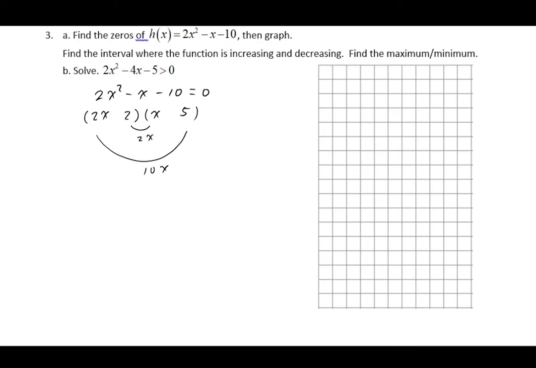And the difference is too big to come up with negative x. So what we have to do is 5 here and 2 here. That way this term gives you 5x and this term gives you 4x. Okay, do you see that? So as long as this is negative and this is positive, then we'll end up with a negative x. Okay, so I need this to be negative and this to be positive.